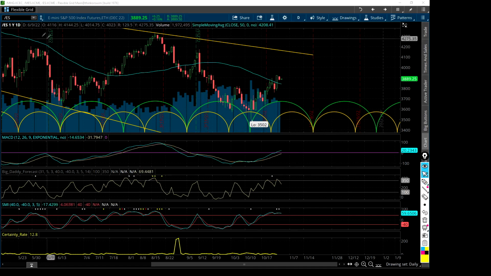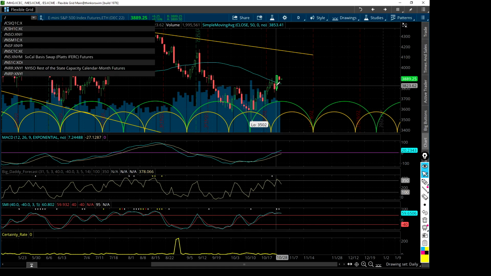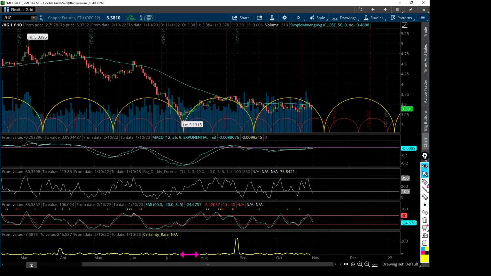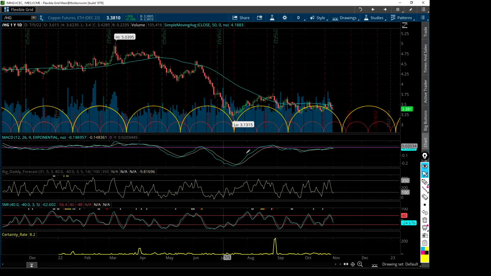Let's take a quick look at copper. If I can remember, I haven't traded this in a while, but I think it's HG. Okay, I do have a copper channel on the Discord server. Boy, my goodness. Am I looking at the right thing? Man, it's copper futures. Wow, that is ugly.